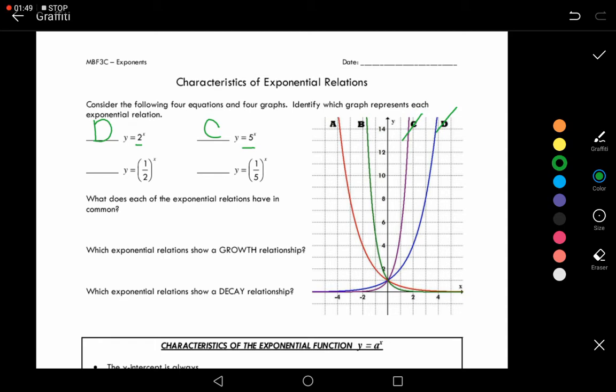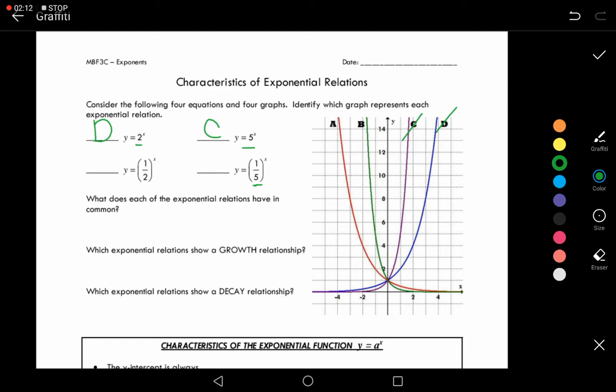Now looking at A and B. Again, we know that these two graphs are the ones with fractions because they're making that L shape as opposed to the J shape, which is a negative decreasing function. So again, the larger the number on the bottom, the steeper that graph is going to be.